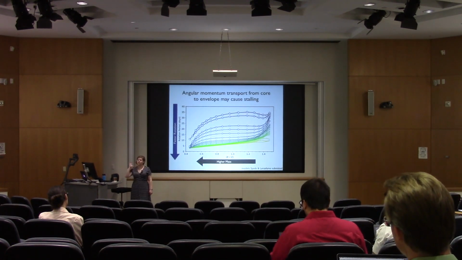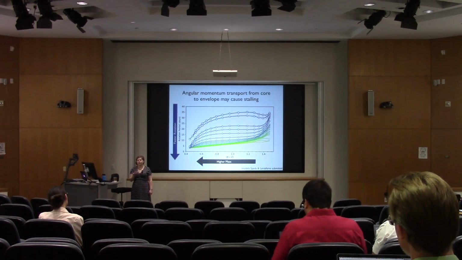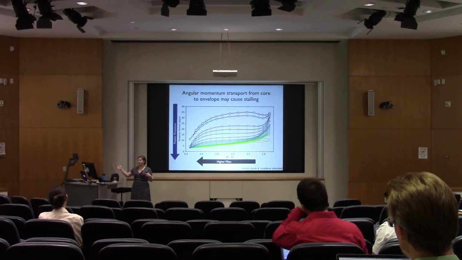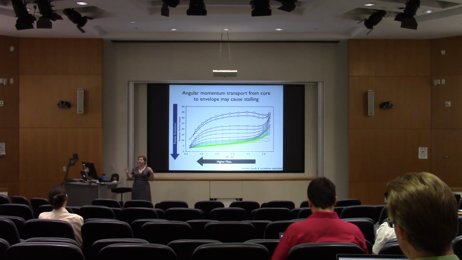What we usually observe is the outer envelope braking. But at some point, you start to get angular momentum being transported out of the core and into the envelope. At that point, you get a competing effect where even though the magnetic field is trying to slow down the envelope, it's also being rejuvenated internally. And those balance for a while until magnetic braking takes over again.